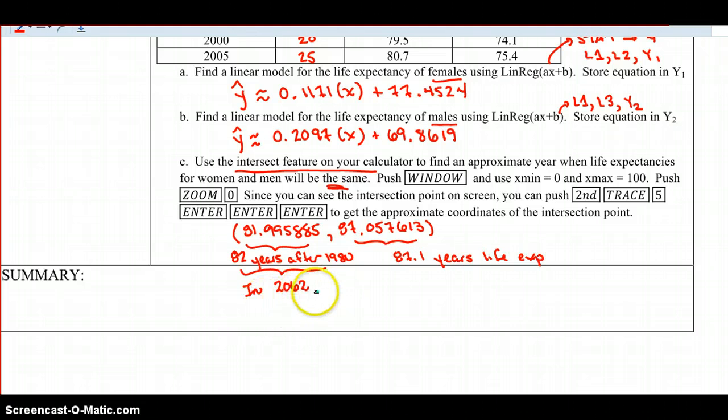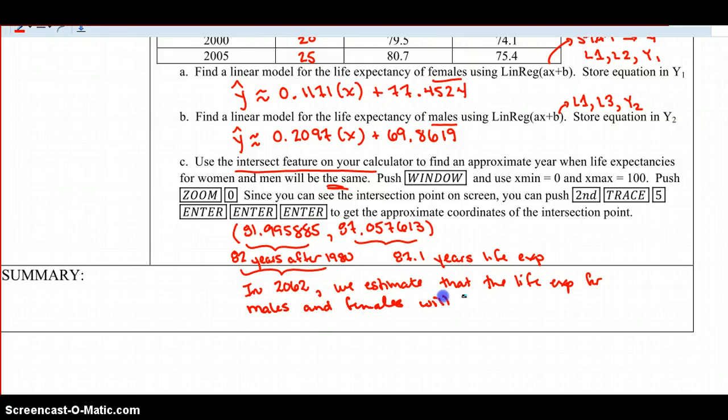So in 2062, we estimate that the life expectancy for males and females will be the same, and we predict it will be around or about 87.1 years.